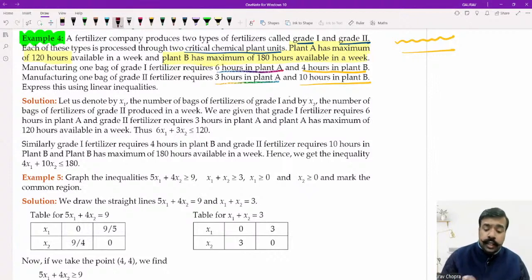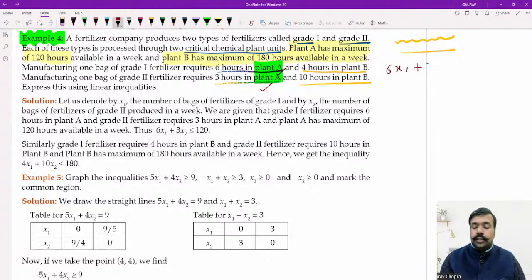You can see clearly I have used different pens here. That is why I am able to mark for plant A easily. So this is for plant A, and I can prepare the equation for plant A now: 6x1 plus 3x2, and the limitation is less than or equal to 120. Similarly, for plant B, I can prepare 4 and 10.